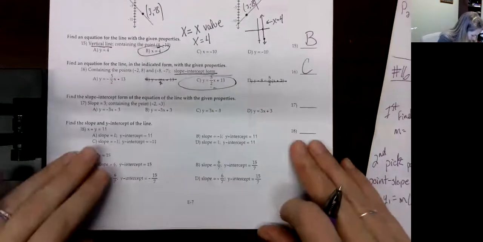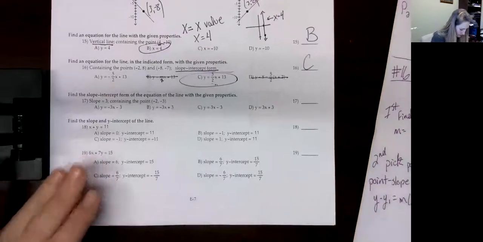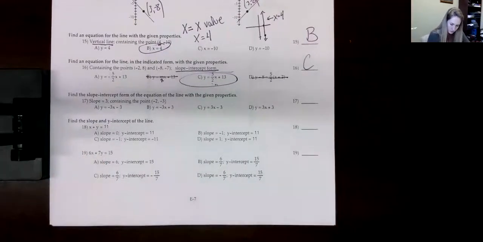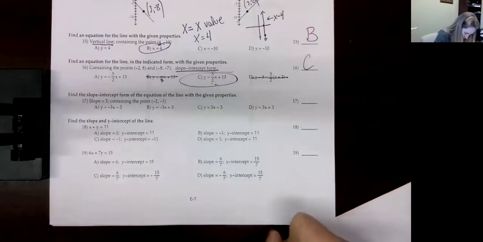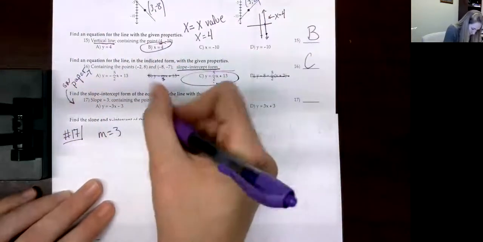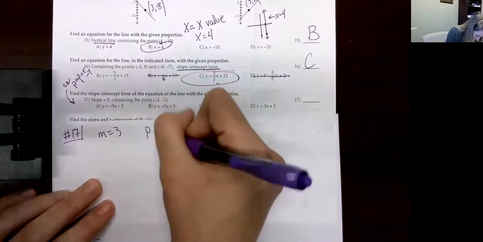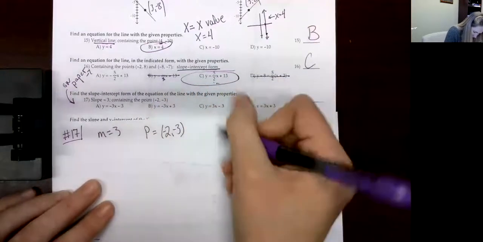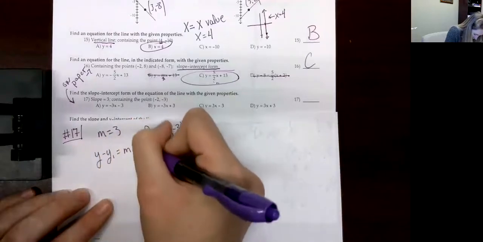All right, find the slope intercept form of the equation of the line with the given properties. So we're going to have to use point slope form again. And I'm not going to write slope, I'm going to write 3 right on this. And our point is negative 2, negative 3, and we're going to use y subtract y1 equals m times x subtract x1.